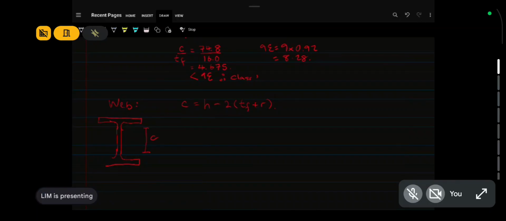Because you have one root radius there, one TF there, also one root radius there, and one TF there. So you basically add TF plus R times 2. Then the whole thing minus H, you should get C.